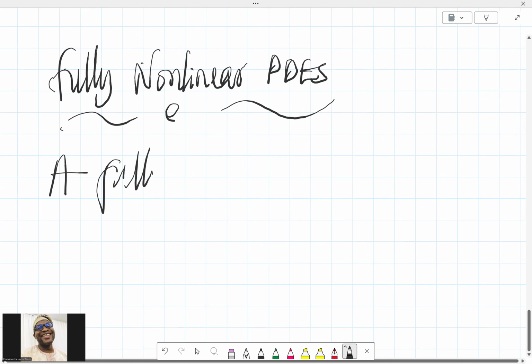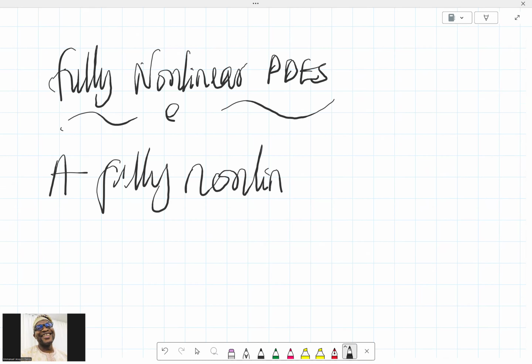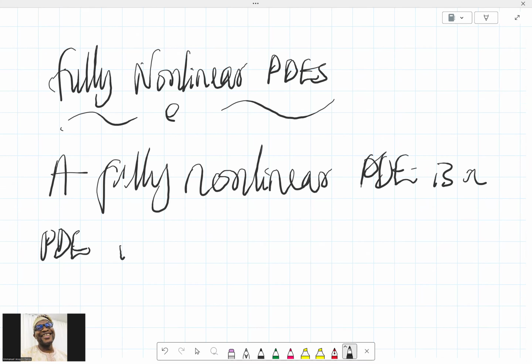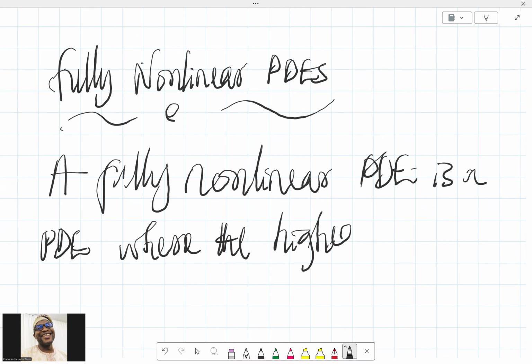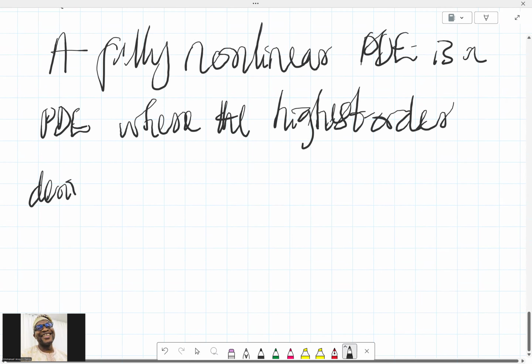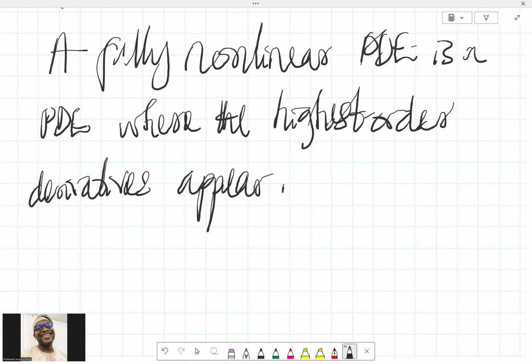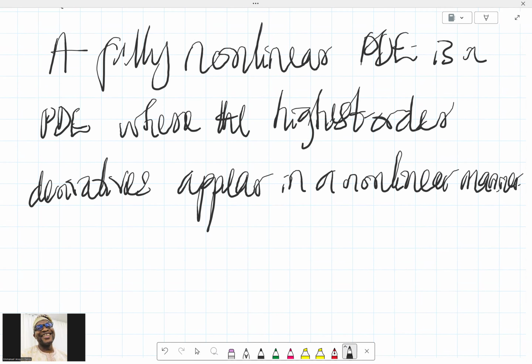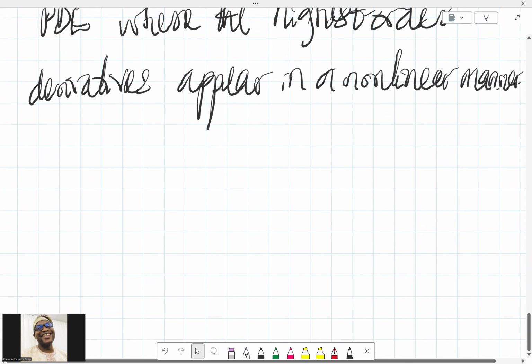A fully nonlinear PDE means it's totally nonlinear. A fully nonlinear PDE is a PDE where the highest order derivatives appear in a nonlinear manner, unlike the quasi-linear one where the highest order derivatives appear linearly.